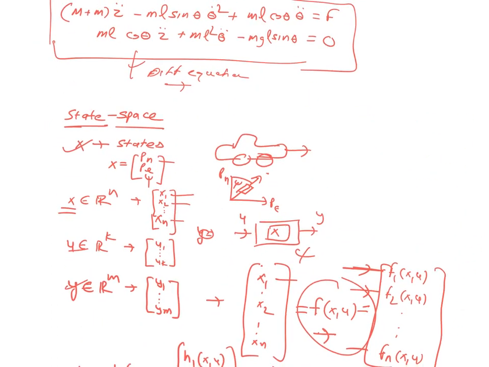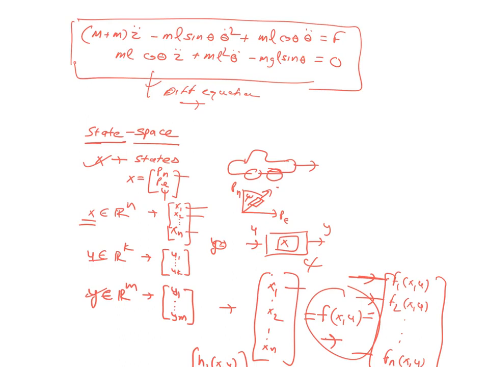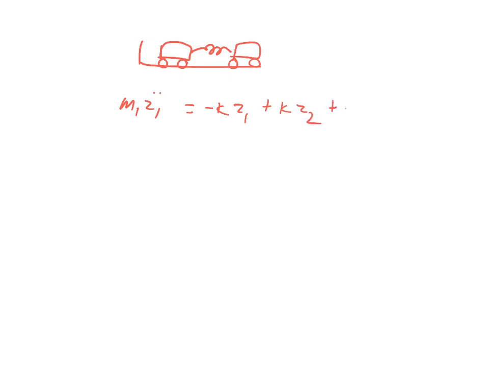So let's quickly go back to that two train problem and see if we can do the state space there. Do you guys remember the equations for the two train? For the two-car problem, we had m1 z1 double dot equals minus k z1 plus k z2 plus f1, and we had m2 z2 double dot equals k z1 minus k z2 plus f2.